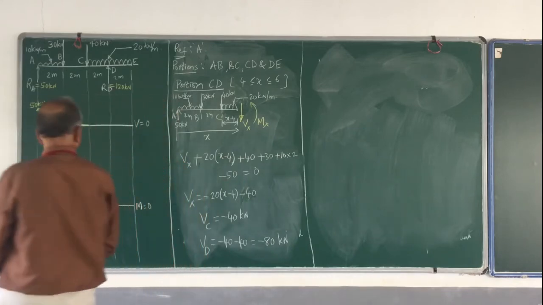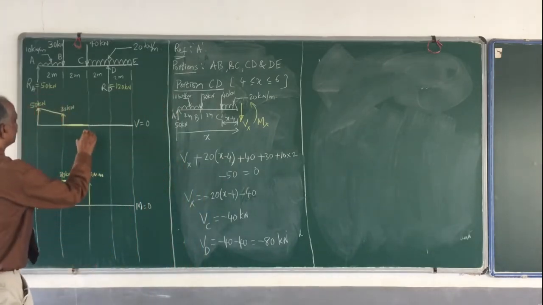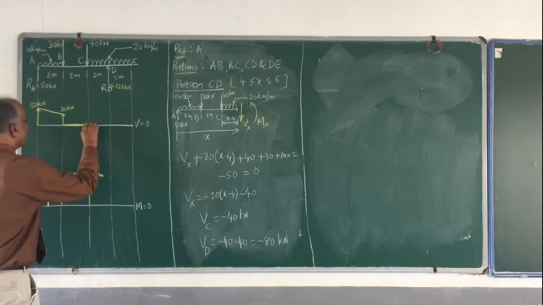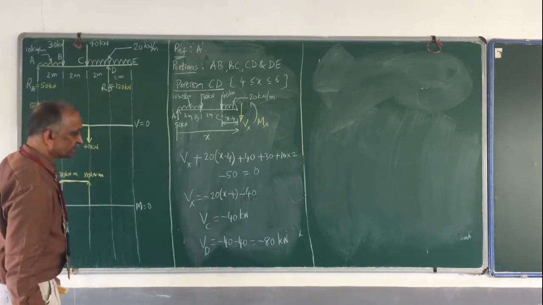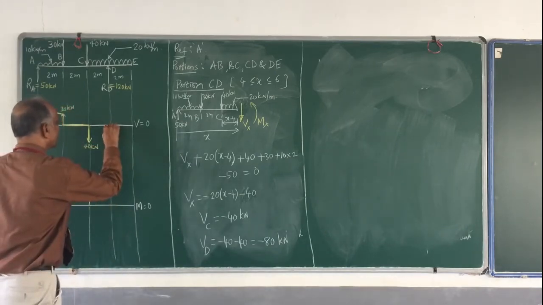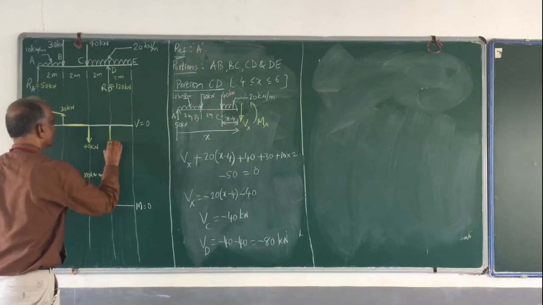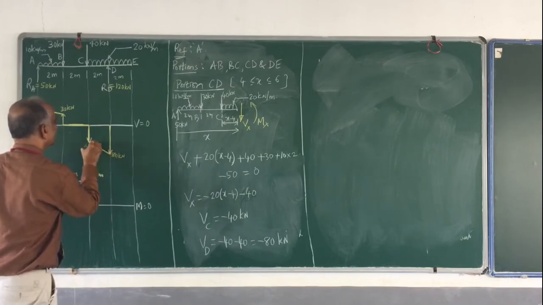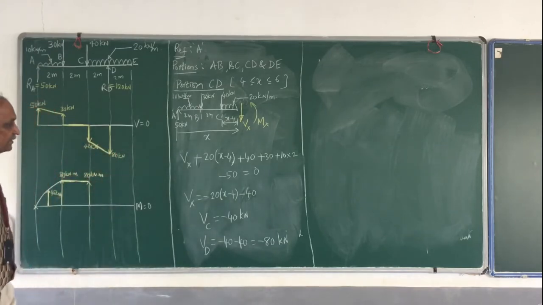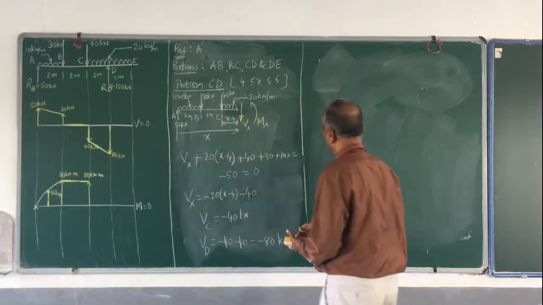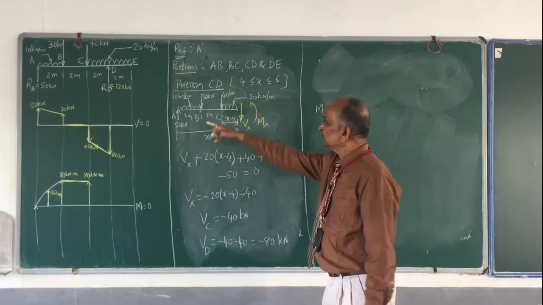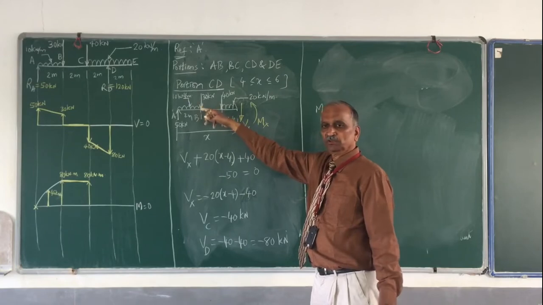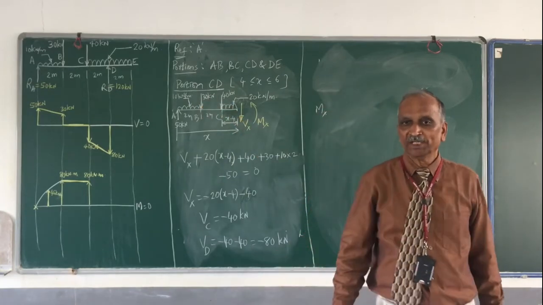Okay, shear force at C is minus 40, so this is 40 kilonewton, and shear force at D is minus 80, so this is 80 kilonewton, and the variation in between is a straight line. This is the shear. Okay, so on the same lines, what is the bending moment? Mx, starting with Mx. If at all you are not comfortable with UDL, replace it by equivalent point load.